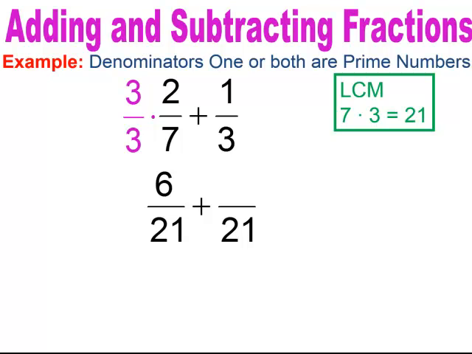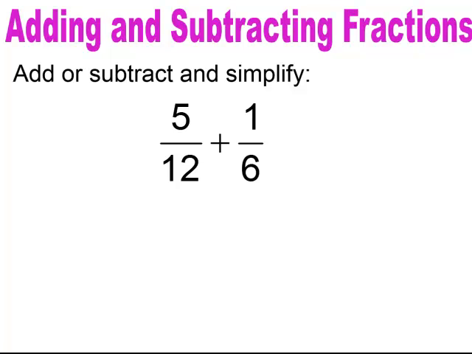The second fraction, I'm going to have to multiply the denominator by 7, so I have to multiply the numerator by 7, so my converted fraction will be 7 over 21. Now I can add the fractions together because they're like fractions, and I get 13 over 21. Pause and try.